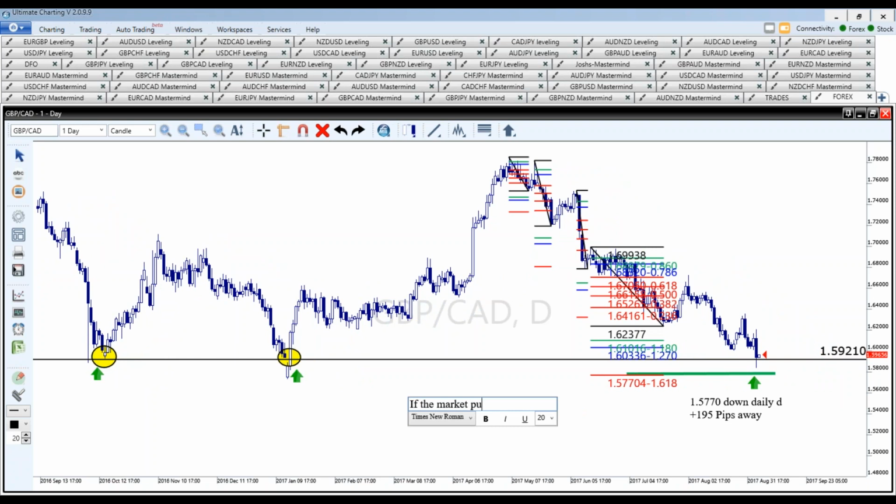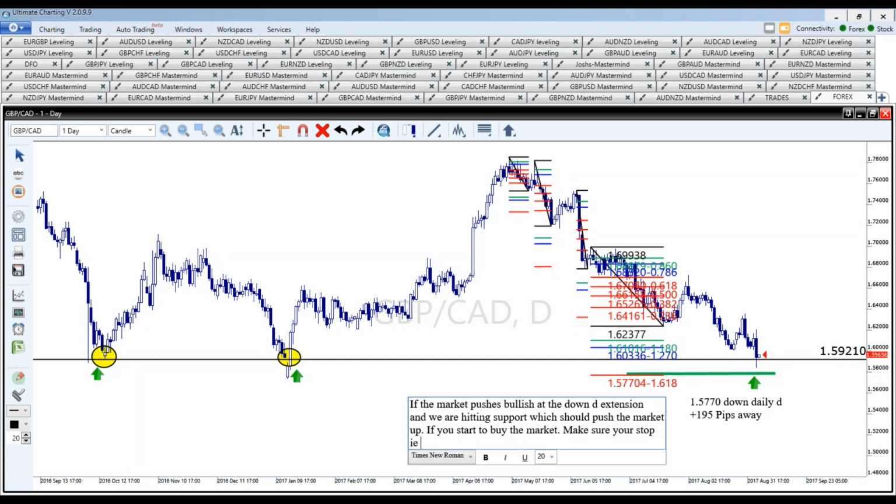If the market pushes bullish at the down D extension and we are hitting support, which should push the market up, if you start to buy the market, make sure your stop is below that D price point. Type in yes if that makes sense.